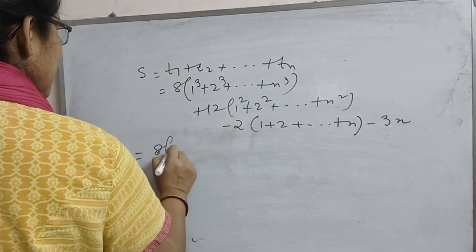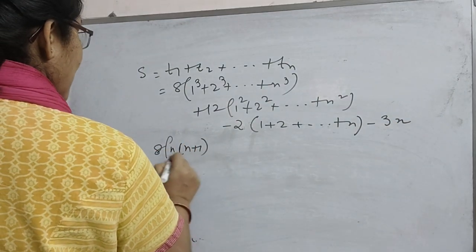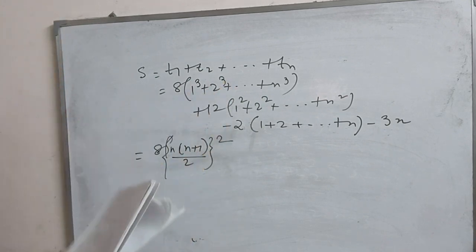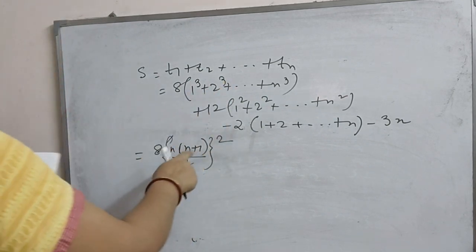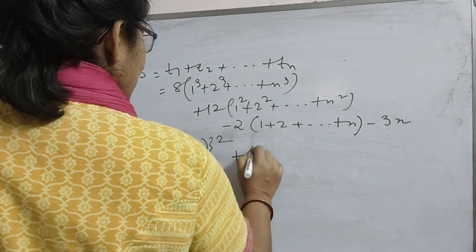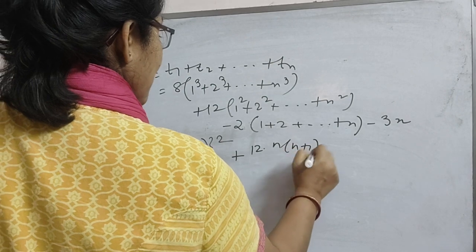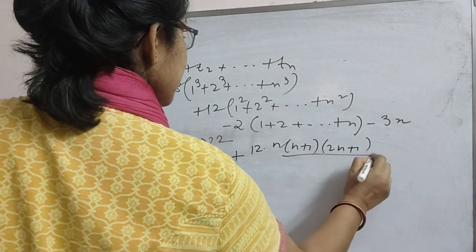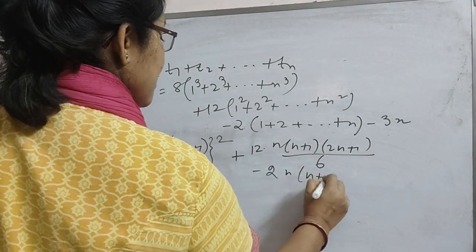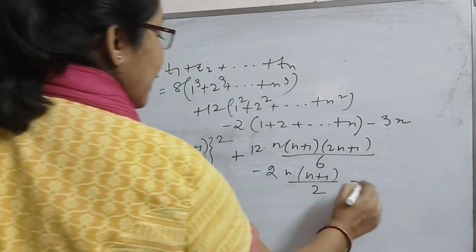This equal to 8 into n into n plus 1 by 2 whole square, sum of the cube of the natural numbers, plus 12 into n into n plus 1 into 2n plus 1 by 6, minus 2 into n into n plus 1 by 2, minus 3n.